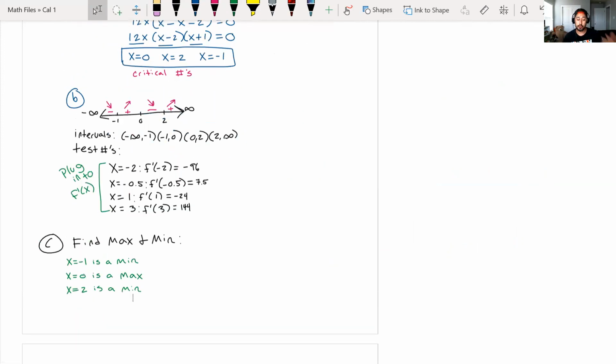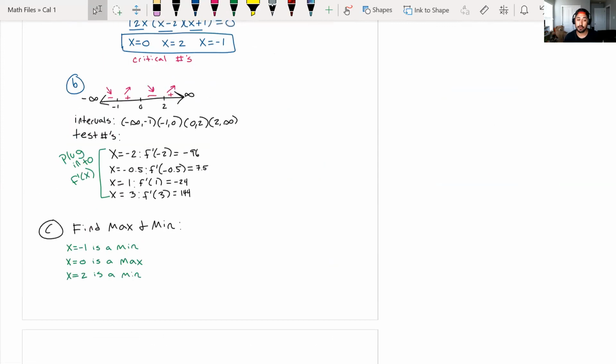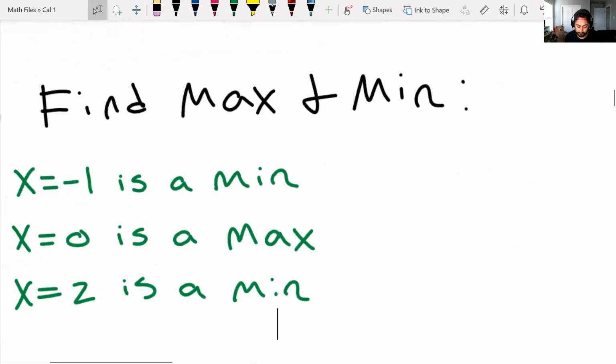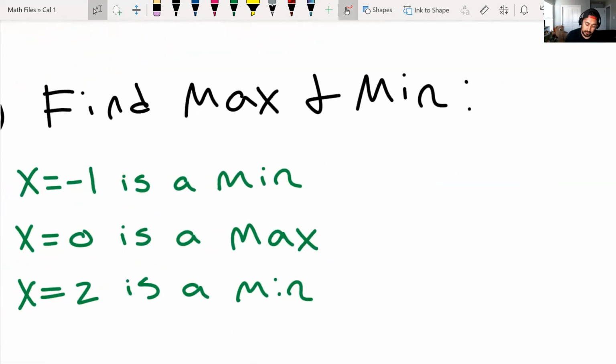Since we will be graphing these types of functions later on, we want to know the exact location of these maximums and minimums. To find the exact location, take all of these values and plug them into the original function, because remember, we're using first and second derivatives to get the characteristics of the original function we're graphing.